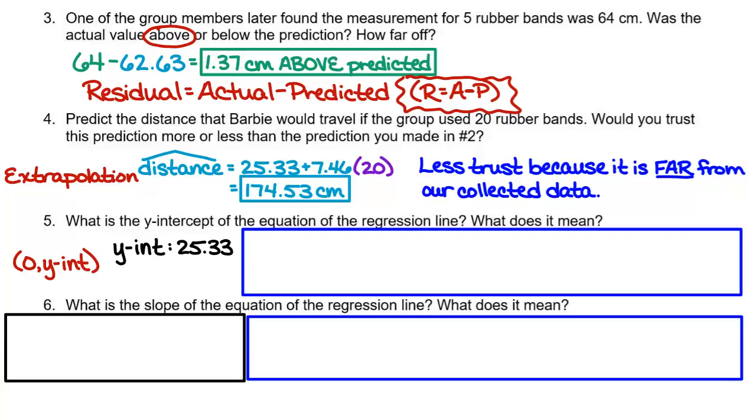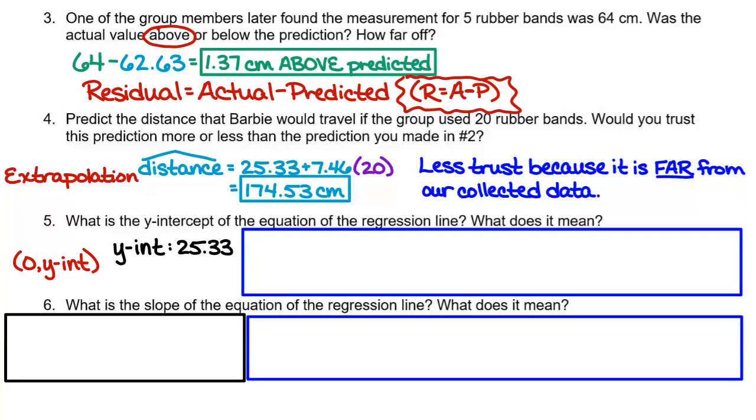What do we have x meaning here? Number of rubber bands. So when I'm talking about my y-intercept, it would be 0 rubber bands, right? And so then what's the y part of the ordered pair telling us about? The distance traveled. Now, if I'm using the y-intercept from the equation, is it telling me what was actually measured or what was predicted?